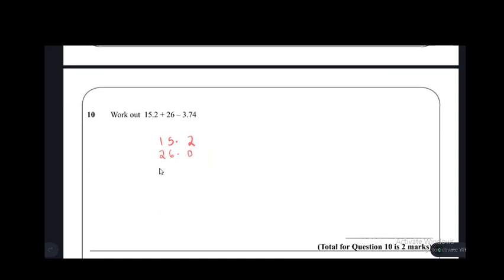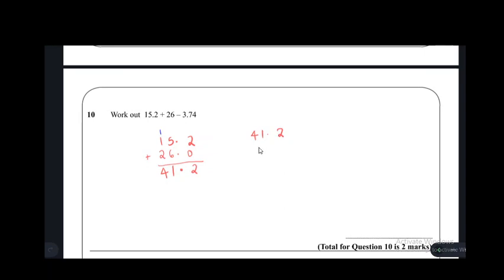So when I add that, what will I get? 2 plus 0 is a 2. I put the decimal point here. 5 plus 6 is 11. 1, and then I carry 1. And then in that case, 2 plus 1 is 3, plus 1 is 4. Now remember, there's a subtraction, so I'll come here and write the answer.